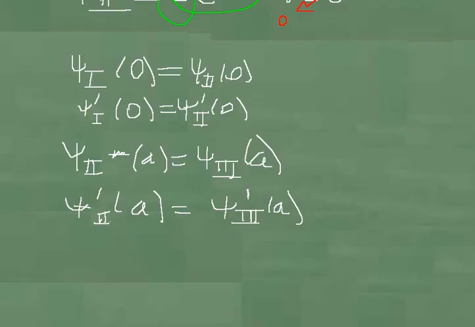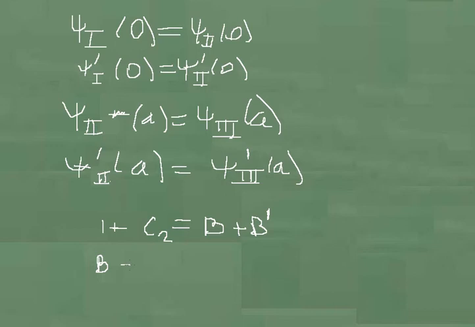C1 at 0 is equal to C2. This means 1 plus C2 is equal to B plus B'. I'll consider only the first of these equations.